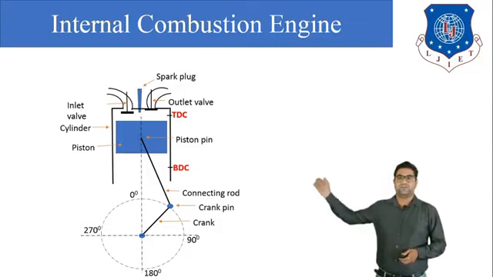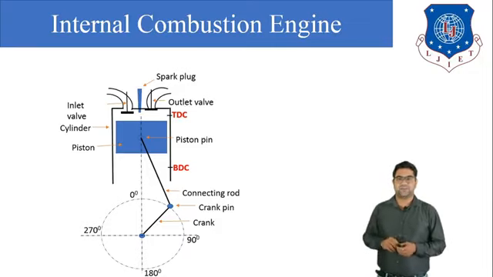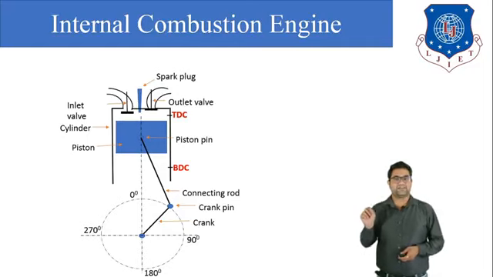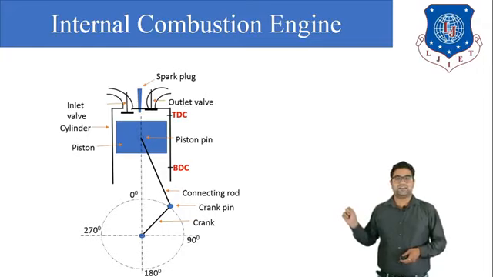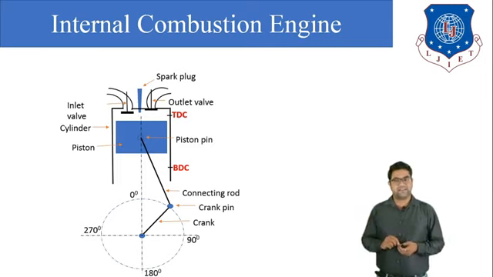First of all you have to understand this figure. From this figure you can understand that there is one term known as TDC. TDC is the top dead center, and at the bottom of the cylinder you can see BDC. BDC means bottom dead center.